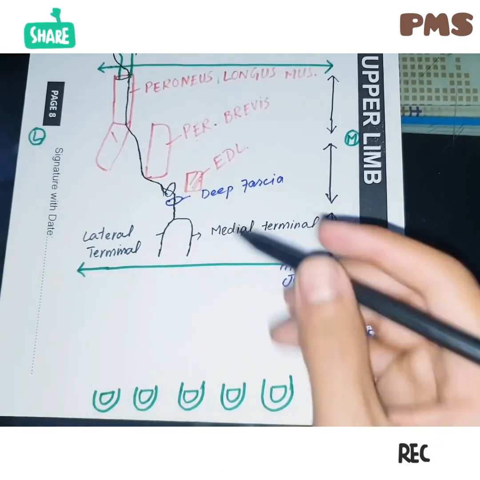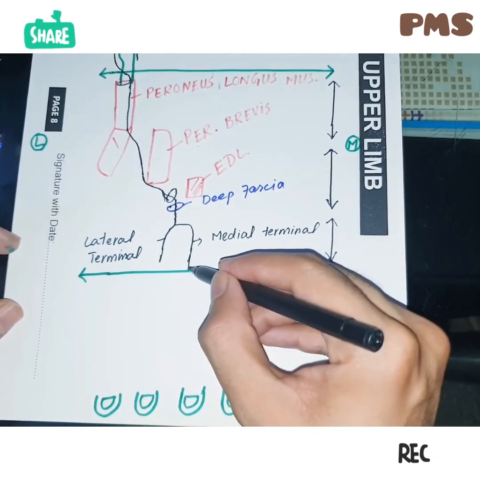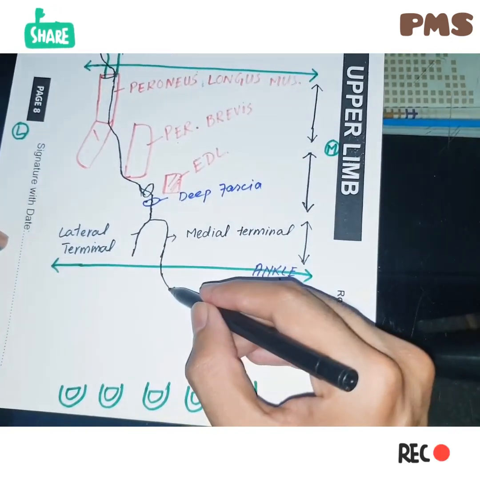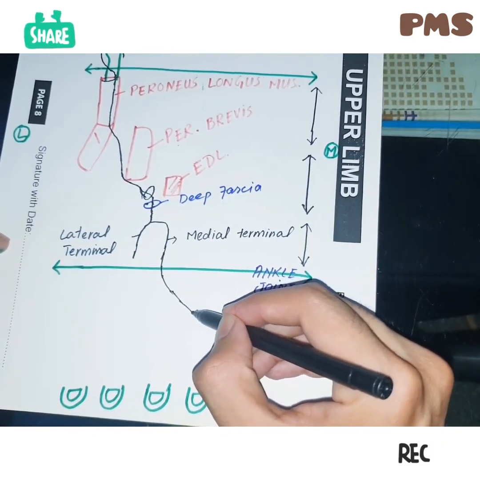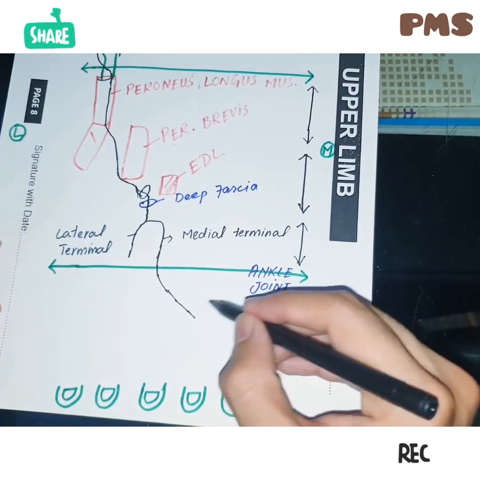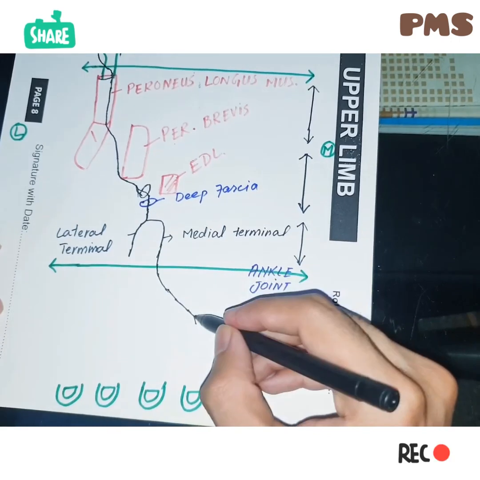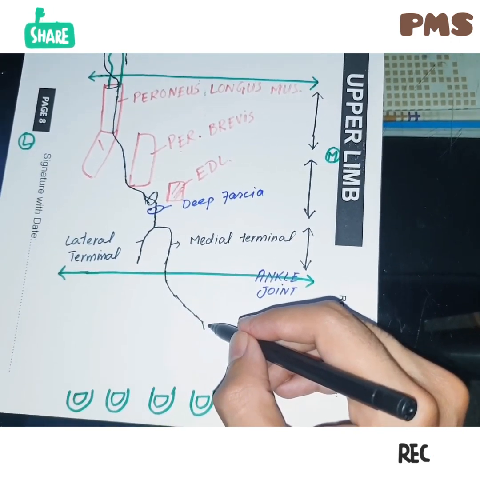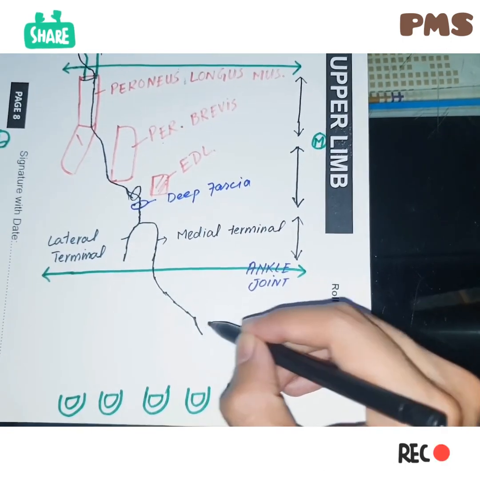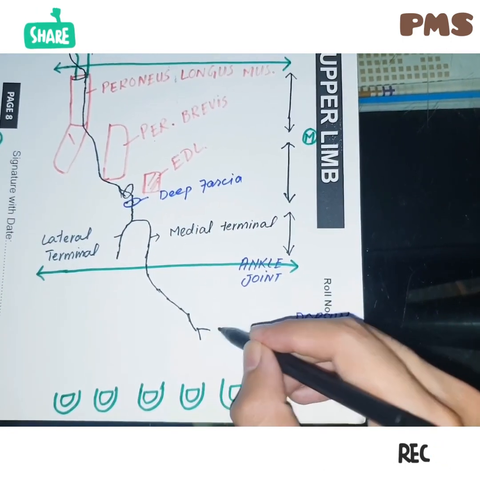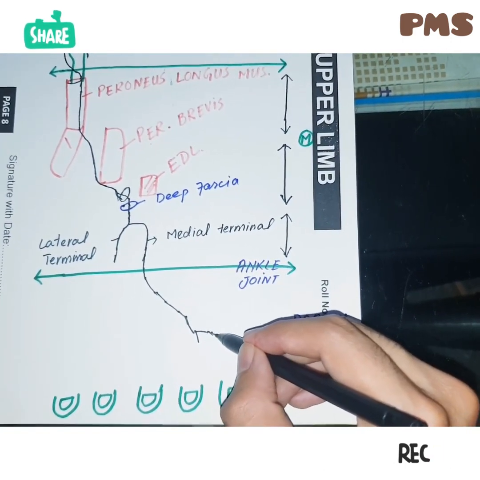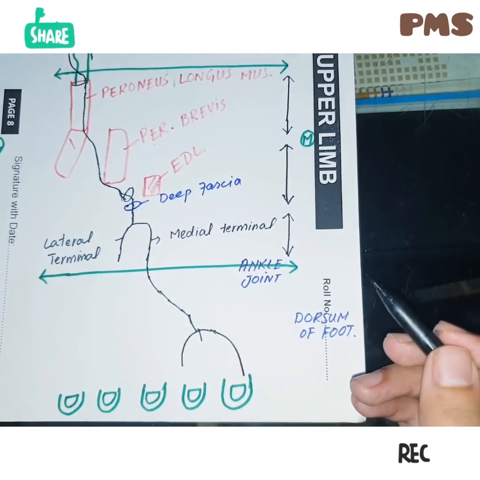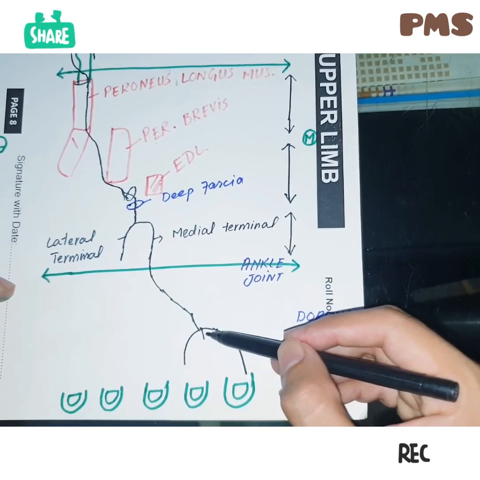The medial terminal branch crosses the ankle joint and reaches the dorsum of the foot. It then divides into two dorsal branches.